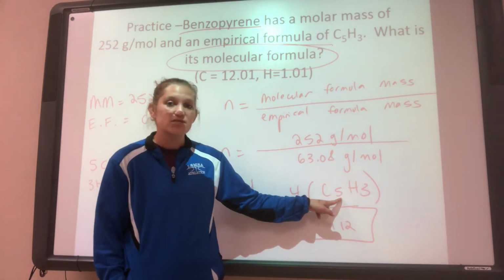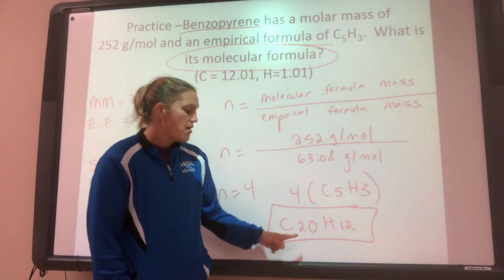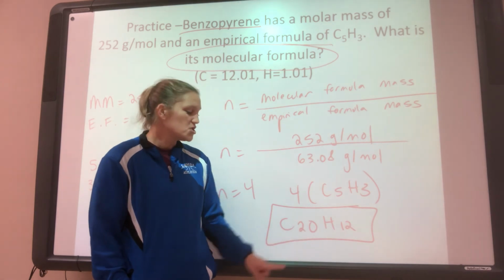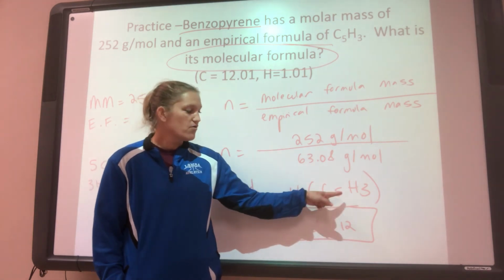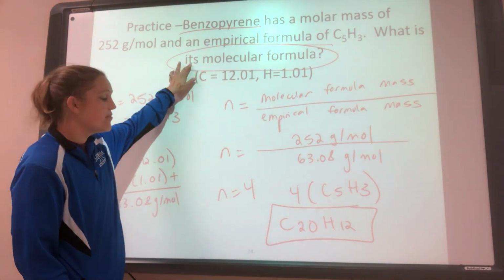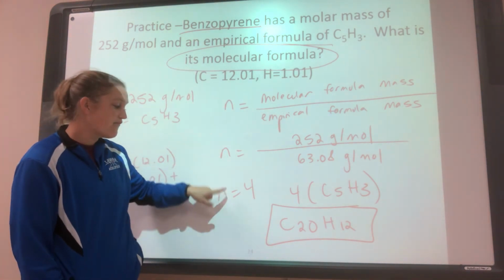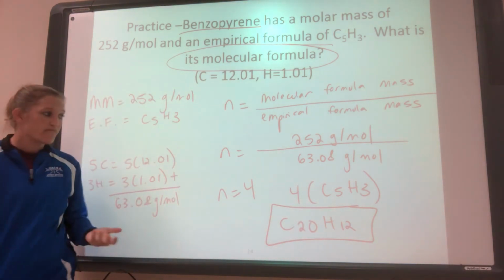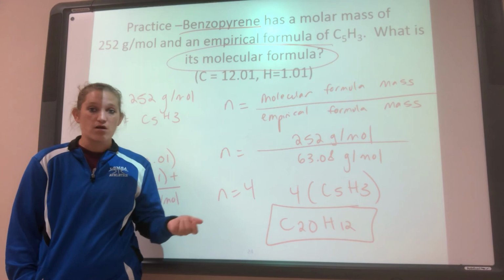They're the simplest ratios. Molecular formulas give me the exact numbers of how many of each element I have, where the empirical formula just tells me the ratio. So if it says to find the molecular formula, you need to find the multiplying factor and then multiply that by the empirical formula.